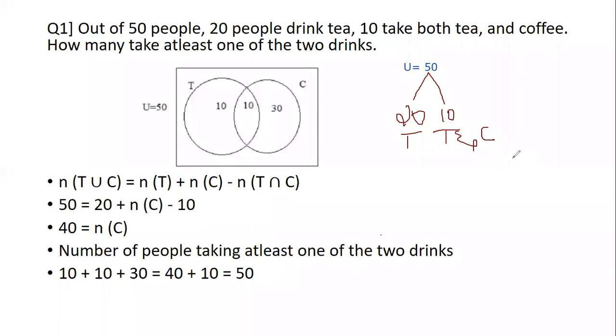Okay. Now, what are we supposed to do? If you see the question, 20 people drink tea. Okay, so tea is one set. So I can say n of tea is 20. Correct? But when we see this 10, it says 10 of them take both tea and coffee, which means for these 10 people, tea and coffee both are common. So when it is a common element, how do I represent a common element?